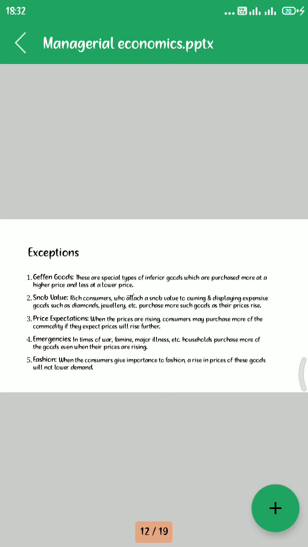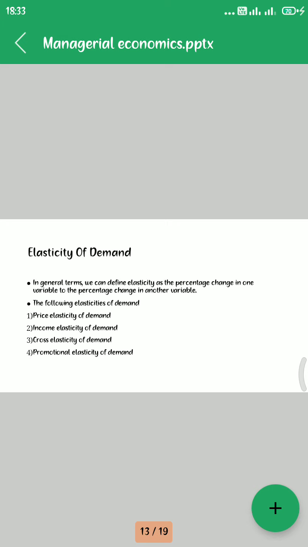In times of war, floods, etc., people hold more of the goods even though their prices are rising. Fifth, fashion. When consumers give importance to fashion, a rise in the price of these goods will not lower demand.